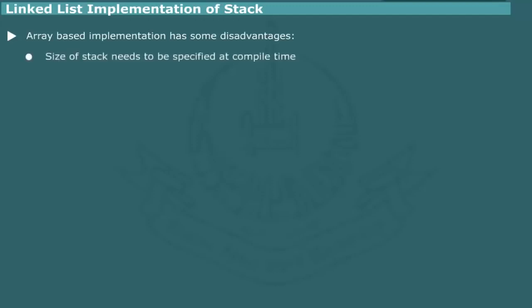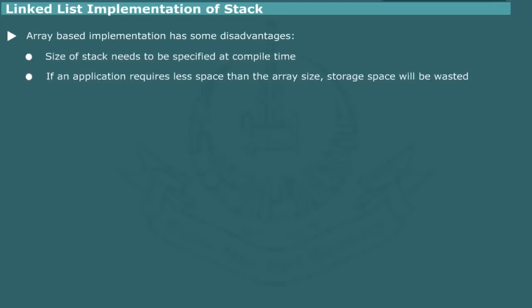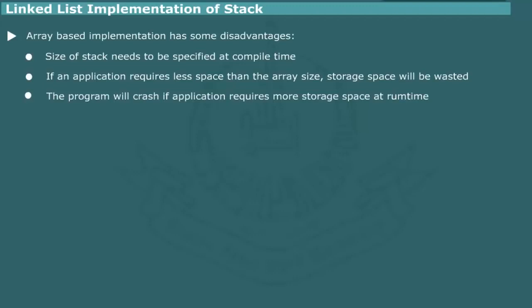If an application requires much less space than a maximum size, a lot of memory space would be wasted. On the other hand, if at runtime the storage requirement exceeds the size of stack array, the application would crash. Thus, array implementation is not suitable in circumstances where stack size cannot be predicted in advance.